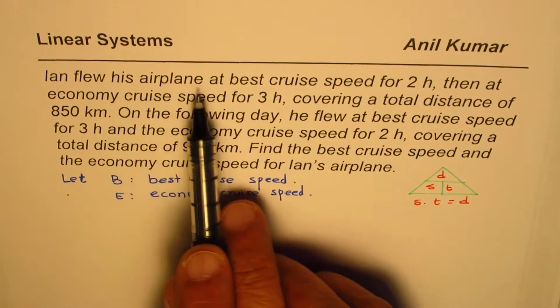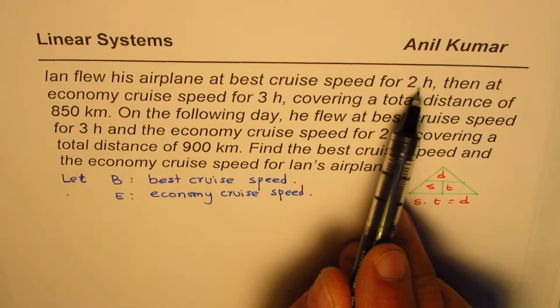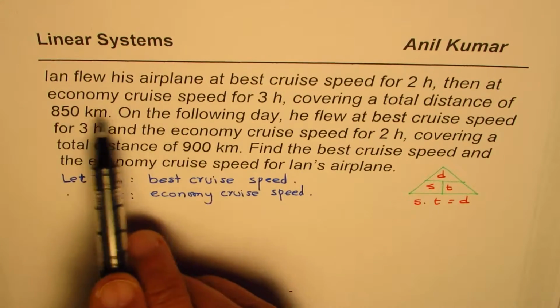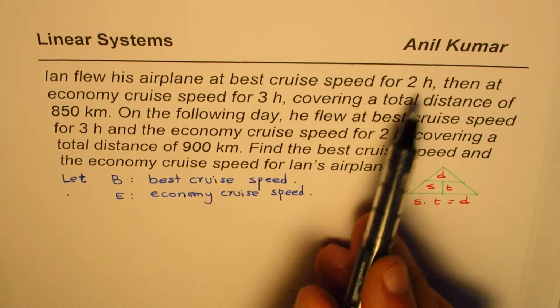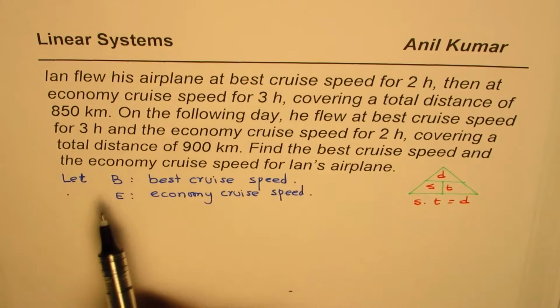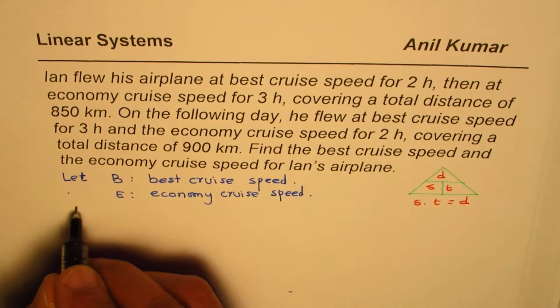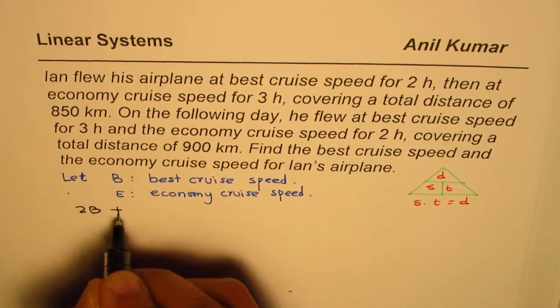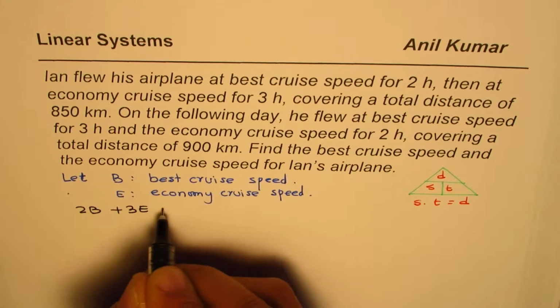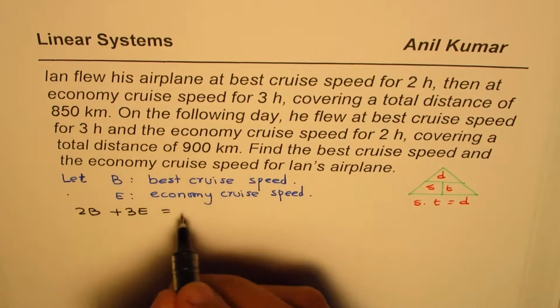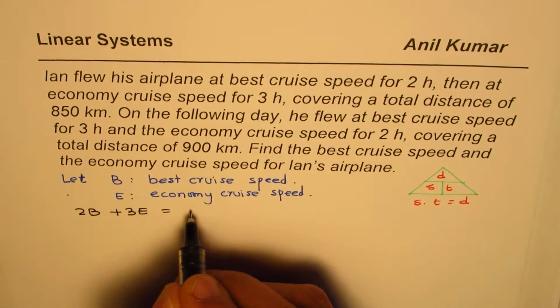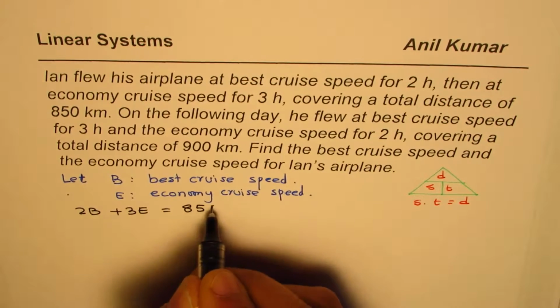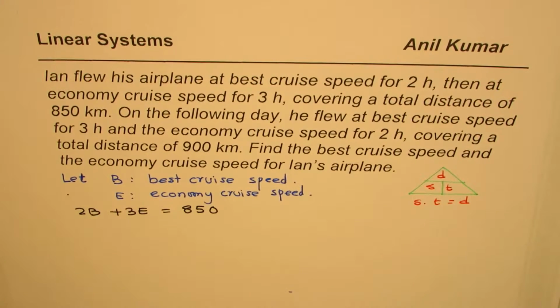Ian flew his airplane at best cruise speed for 2 hours, then economy speed for 3 hours. So 2 hours with B, 3 hours with E, right? So that means 2B plus 3E to cover a total distance of 850. That is distance D, right? So you get your equation relating these two variables.